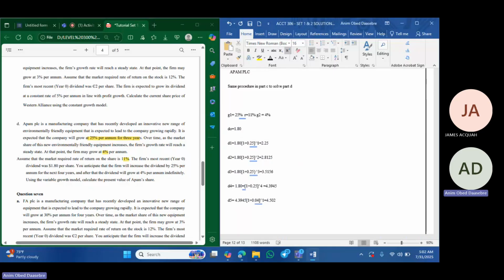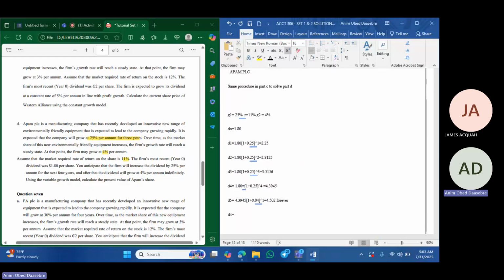We now find the present value of the first four. Then here this was forever. So we need to discount this backwards, to come back one, so it will be at year 4.